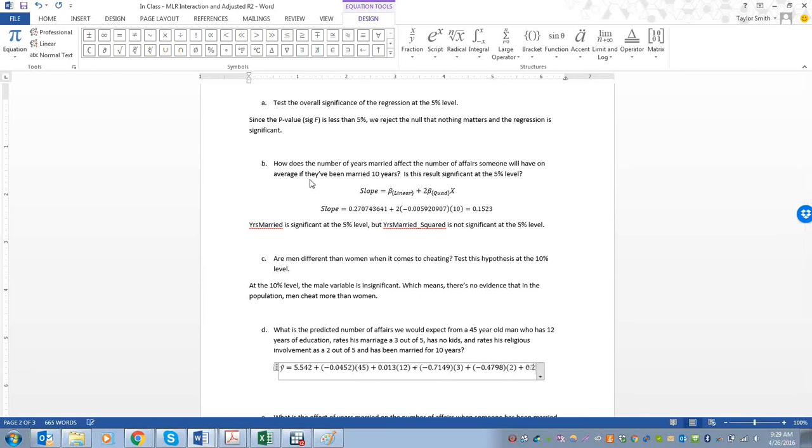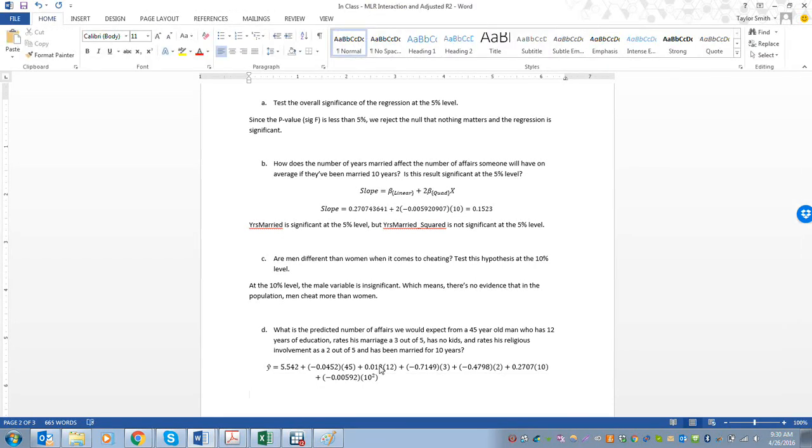So 0.2707 times 10. And then we also need to do the years married squared, which is negative 0.00592 times 10 squared, which is 100. Okay, and that's going to be equal to what our y hat is.